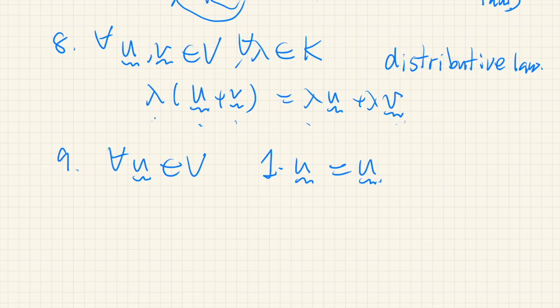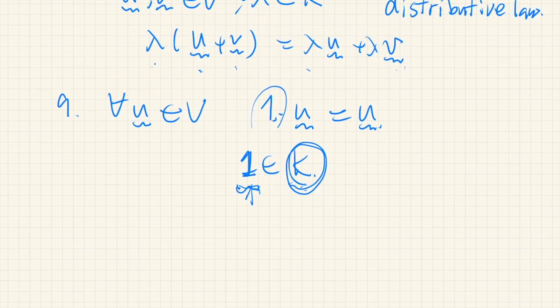So this 1 is the multiplicative identity of the field K. So according to the axioms of the field, it's guaranteed that there exists a multiplicative identity, which is usually called 1. So the existence of this element is guaranteed because we are assuming K is a field. So anyway, if we multiply any vector by 1, then the result is that vector unchanged.